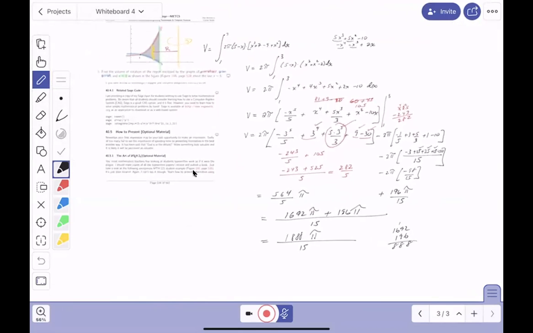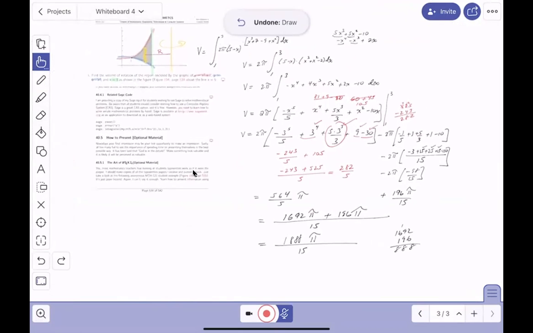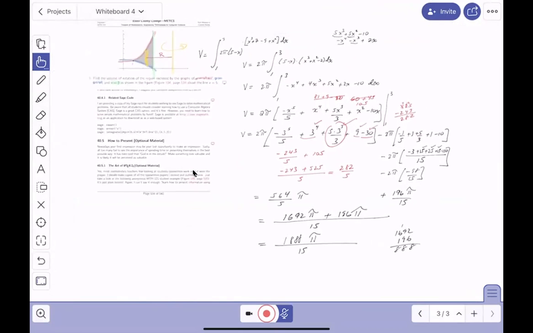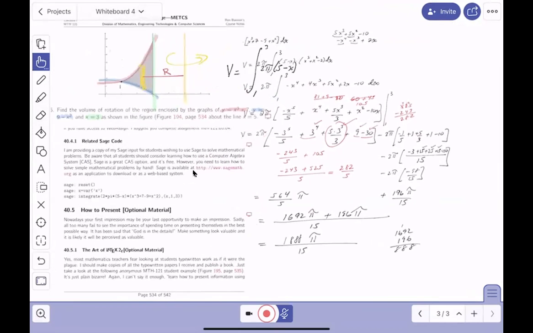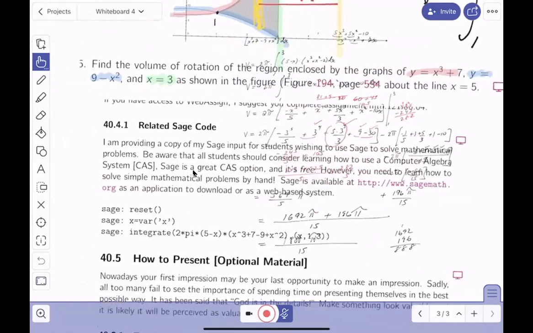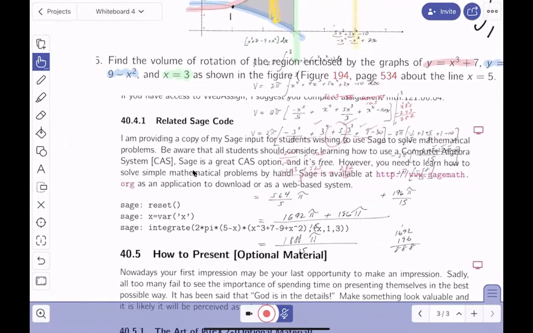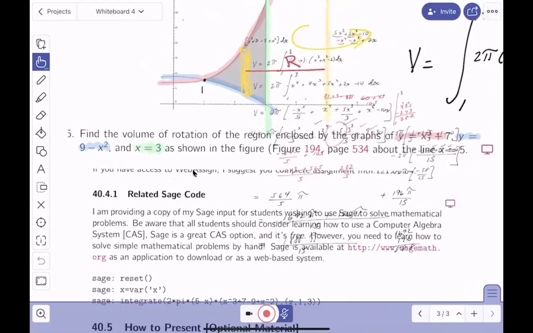Oh, I got to go back to the other page now. Whoops, sorry about that. I didn't mean to do that. I think I blocked something there. I got to pull this around. You know what? I think I blocked it.